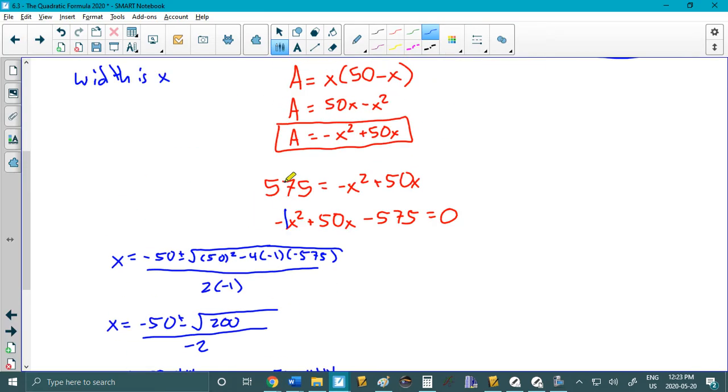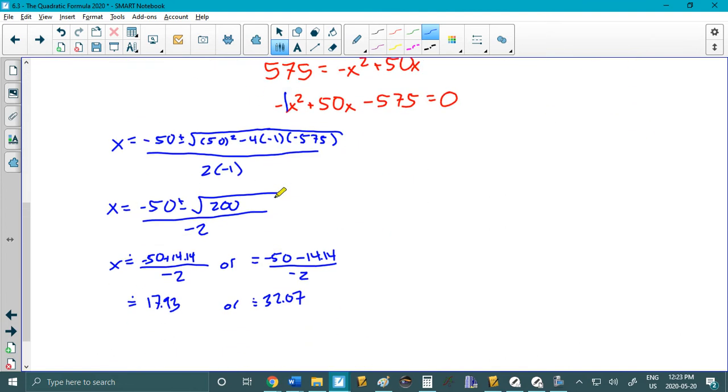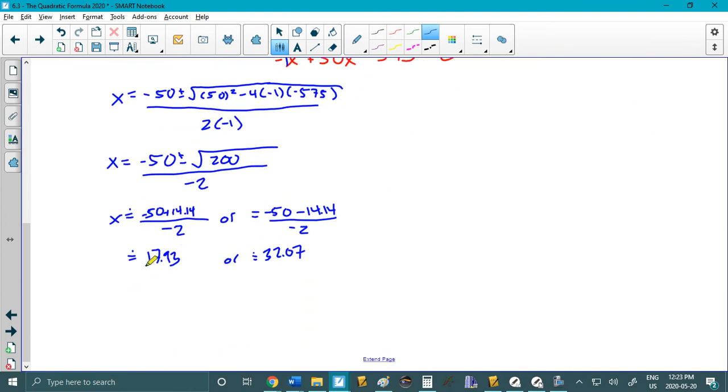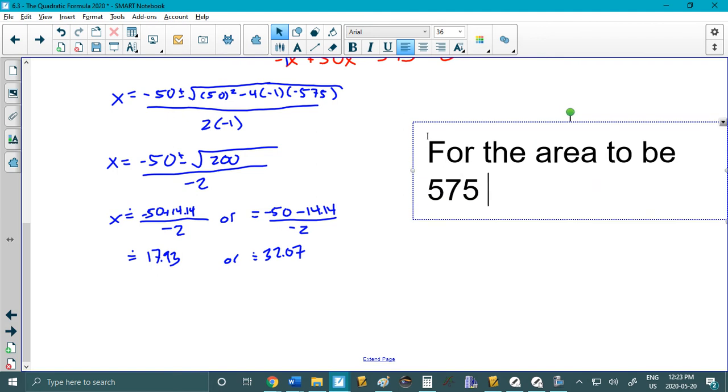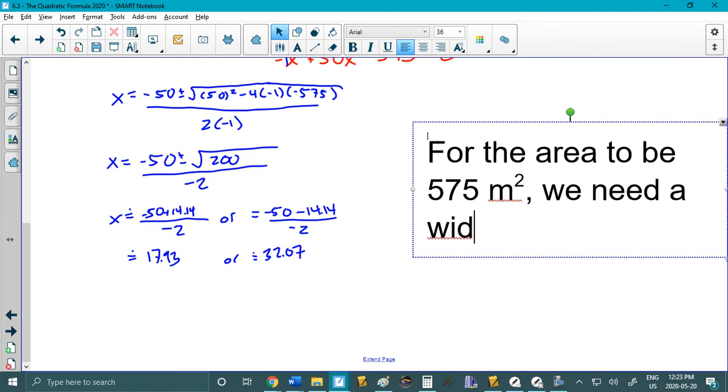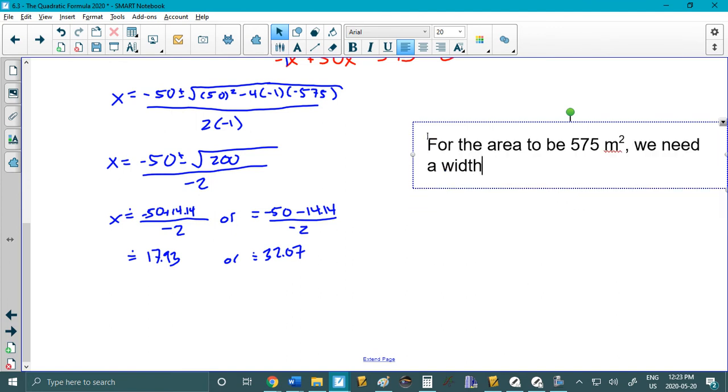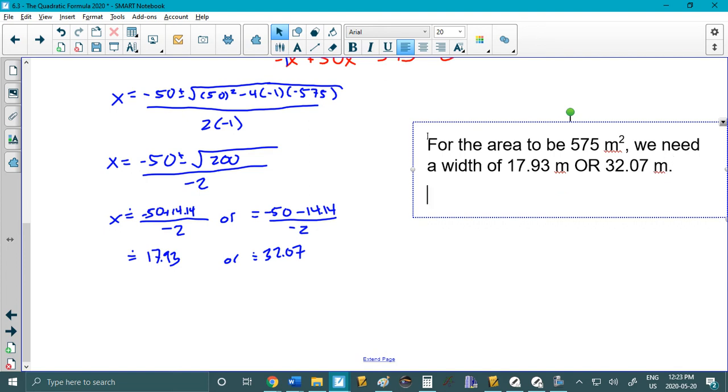So for the area to be 575, the width is 17.93 or 32.07. So for the area to be 575 meters squared, I assume, we need a width of 17.93 meters or 32.07 meters. Now here's an interesting thing.